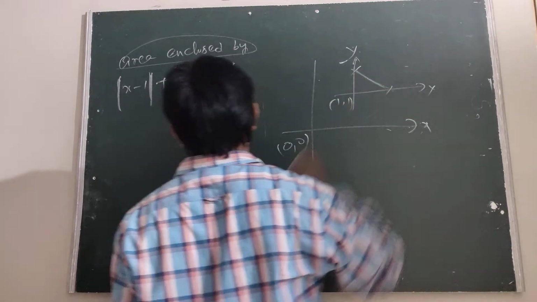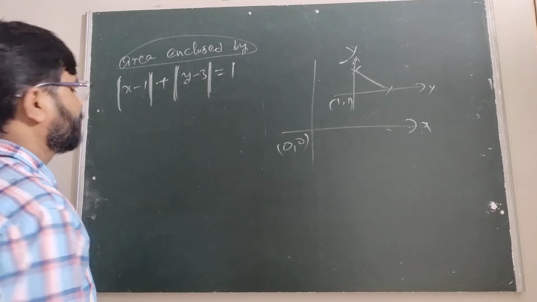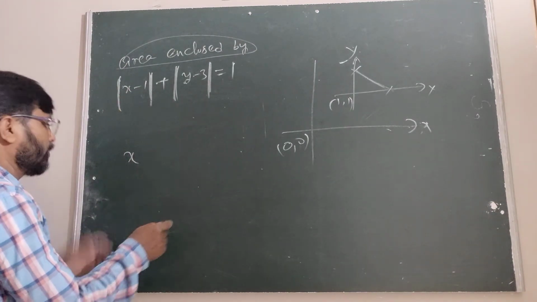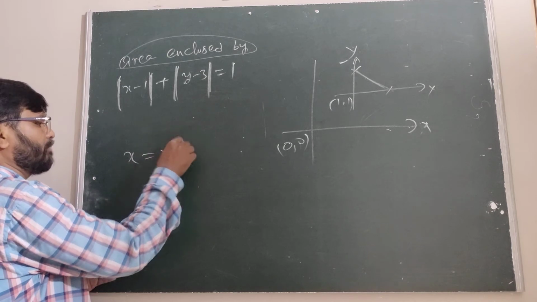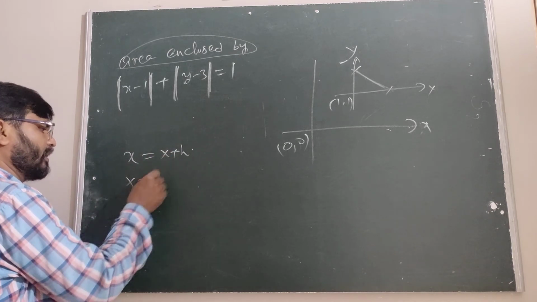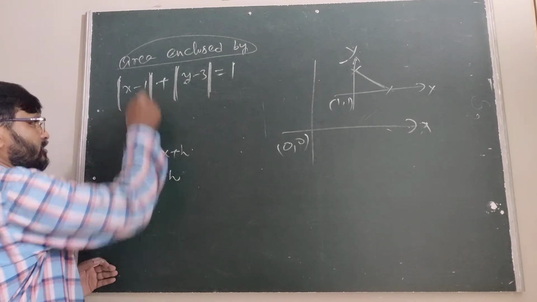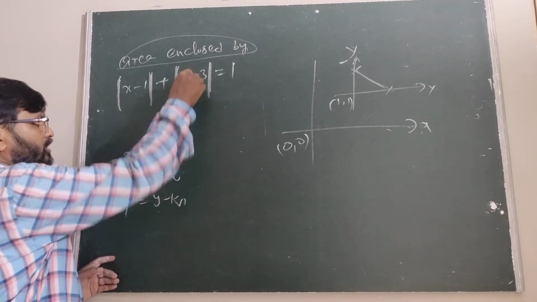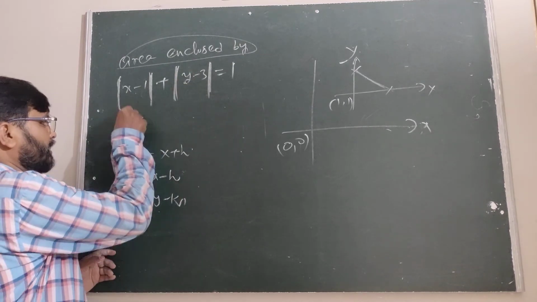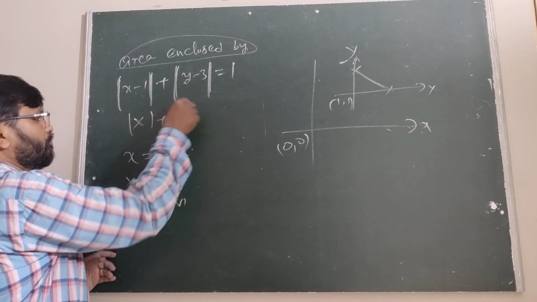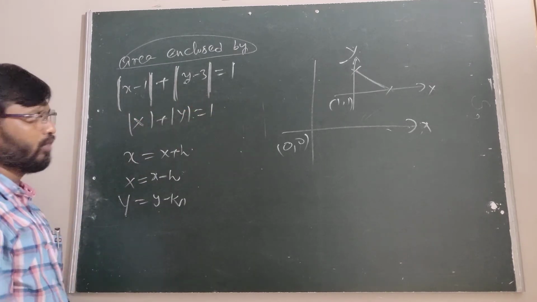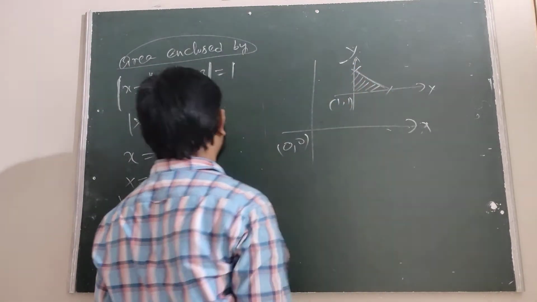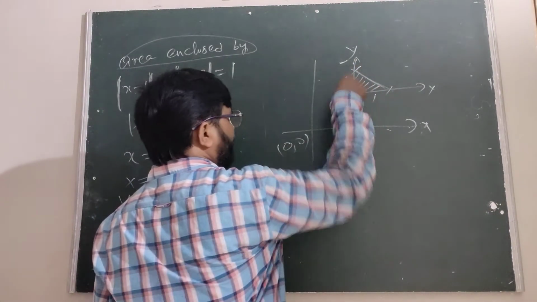We have to know that small x is capital X plus h, so capital X is x minus h, that is x minus 1. Similarly, capital Y is y minus k, that is y minus 3. We can write this as mod big X plus mod big Y equals 1. When it is mod big X plus mod big Y equals 1, its intercepts are 1 and 1.